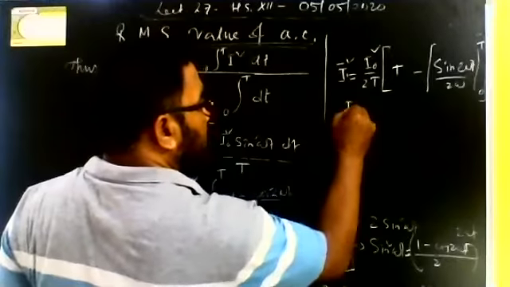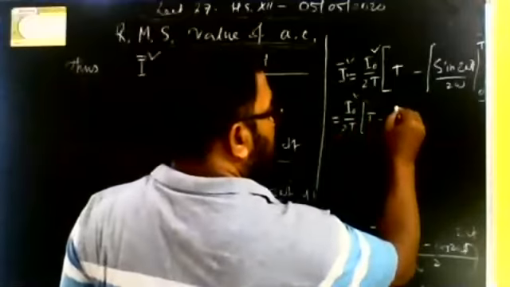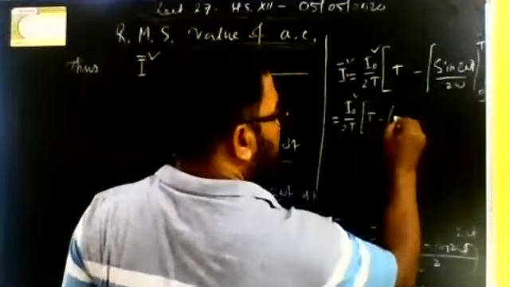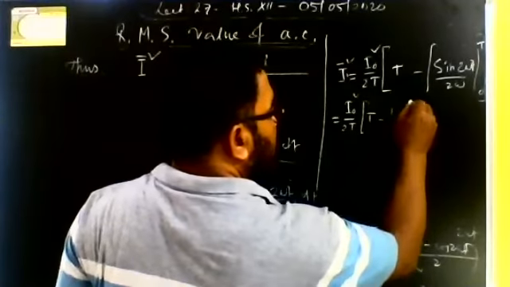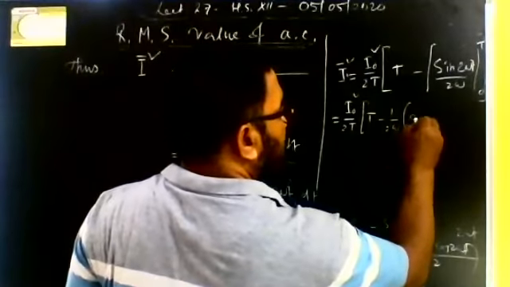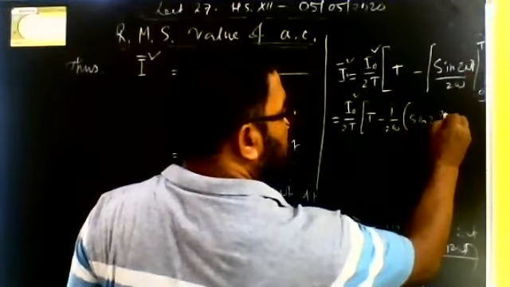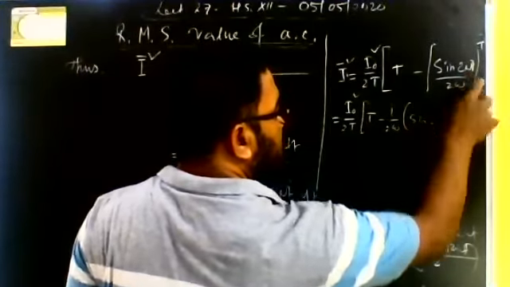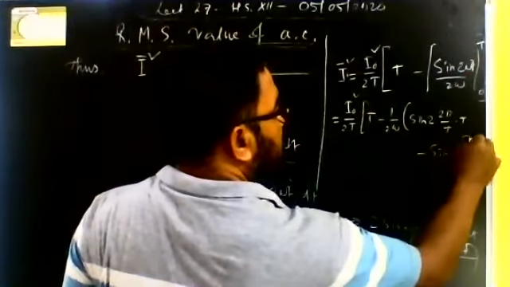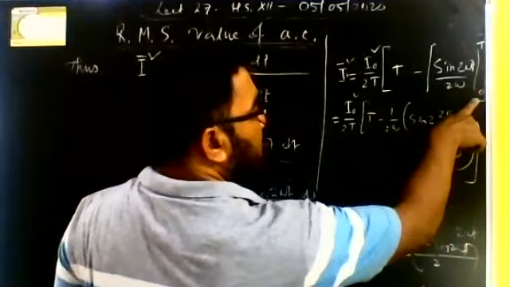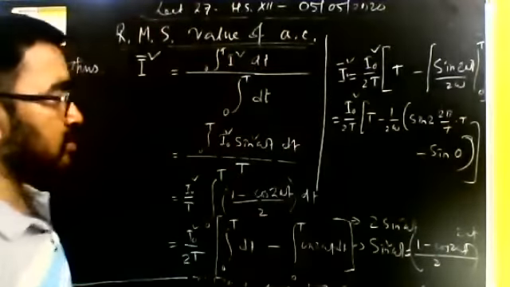Now I naught twice T capital T minus, if you put the values here, 1 by twice omega will come out, and sine 2 omega t. In place of omega, if you put the value of twice pi by capital T, and in place of small t, if you put capital T, minus sine 0, because if you put the value of small t equal to 0, the whole quantity will be 0, right?